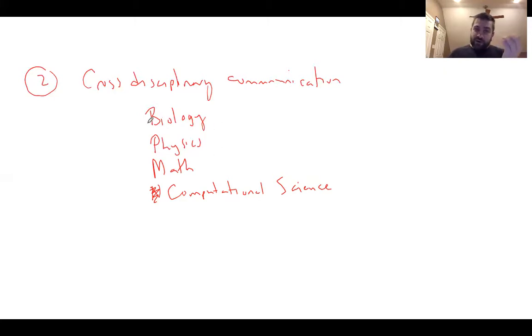We are going to start with biology, use physics and chemistry to develop models, use math to write those models down in a formal notation. And we are going to use the tools of computational science to query those models. And then we are going to think about how we can interpret results.